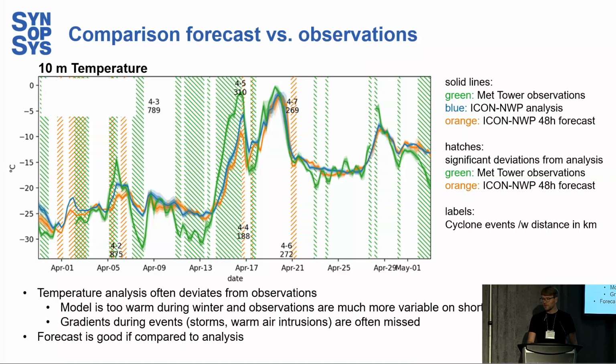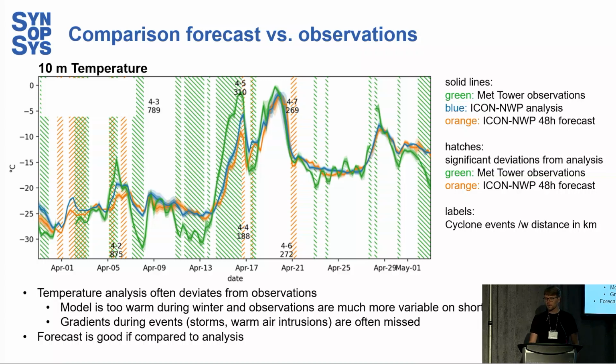So in green, we see if the analysis deviates from the Met Tower observations, and we see quite a lot of periods where we have, I would say, significant deviations between the analysis and the observations, particularly during winter, which in April is more or less the first half, so we could define this still as winter. We see that the analysis was often too warm, and we see also that there's much more variability and much faster variability in the observations than in the analysis.